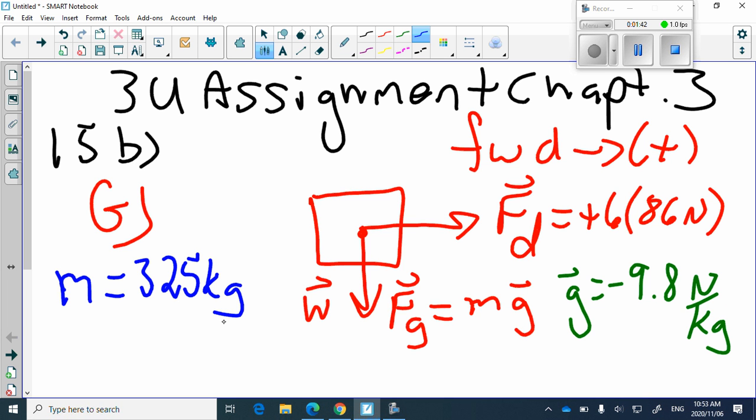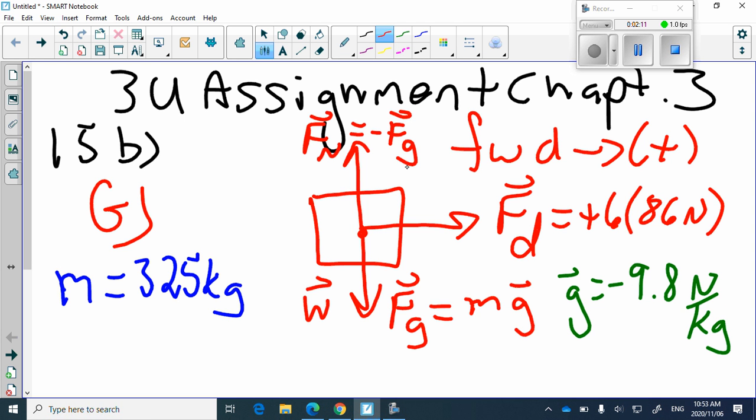What else do we know? We know that since it's on a surface, the surface is supporting the object, the sled. How do we describe that in the world of physics? We say that there's a normal force, Fn. And since the surface is horizontal, it is equal in magnitude but opposite in direction to the force of gravity.